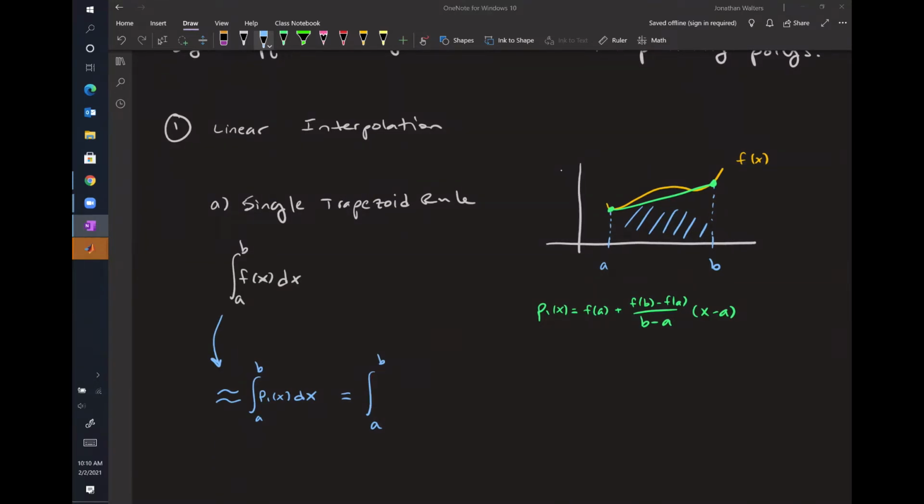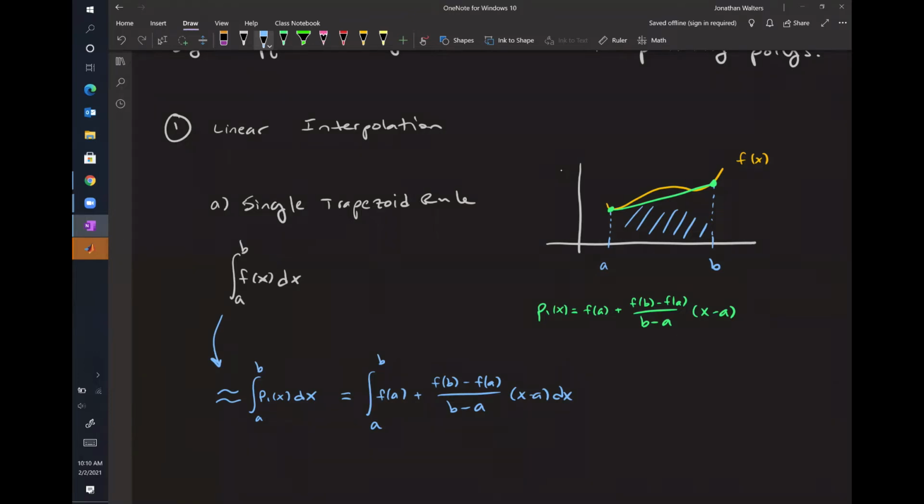So plug this function in. So we got the integral from a to b of f of a plus f of b minus f of a over b minus a times x minus a dx. How do I integrate f of a from a to b?